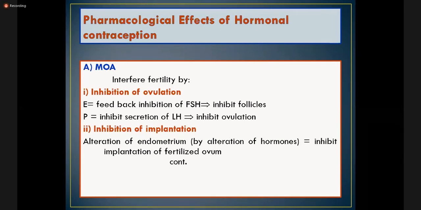So feedback inhibition of follicle stimulating hormone inhibits follicles and the release of ova, and progesterone inhibits the secretion of LH, which promotes the inhibition of ovulation. Number two, inhibition of implantation: alteration of the endometrium by alteration of hormones will inhibit the implantation of the fertilized ovum.